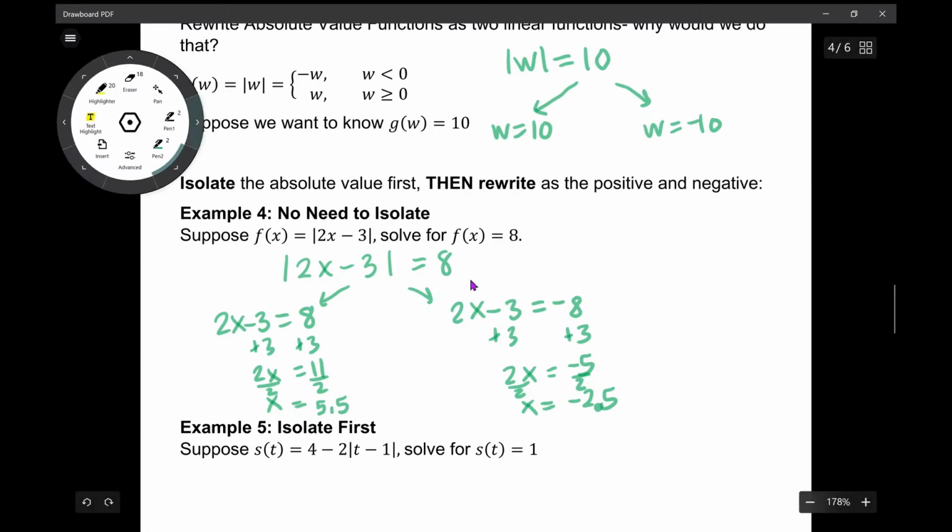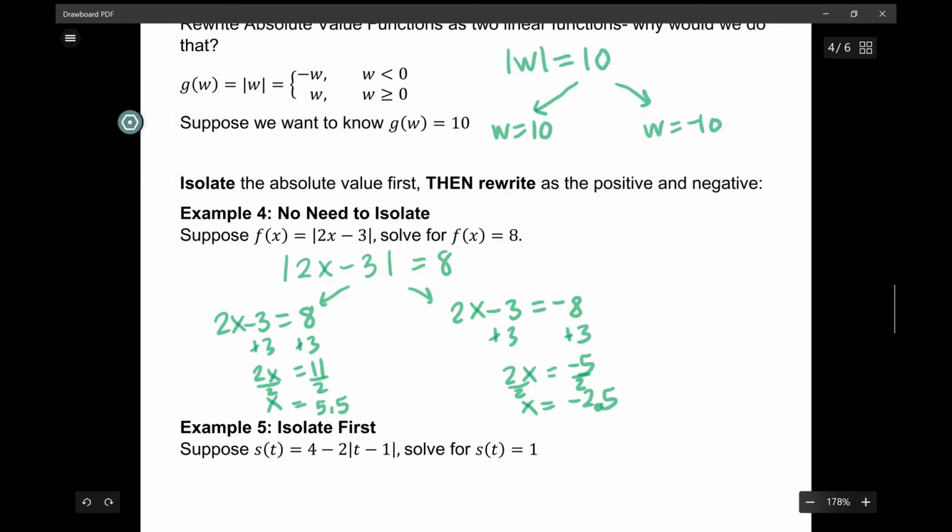Let's check those because checking is always a good idea. So let's go ahead and check our answers over here to the right. Let's plug in x equal to 5.5. So that would be absolute value of 2 times 5.5 minus 3. 2 times 5.5 is 11 minus 3 is absolute value of 8, which is 8.